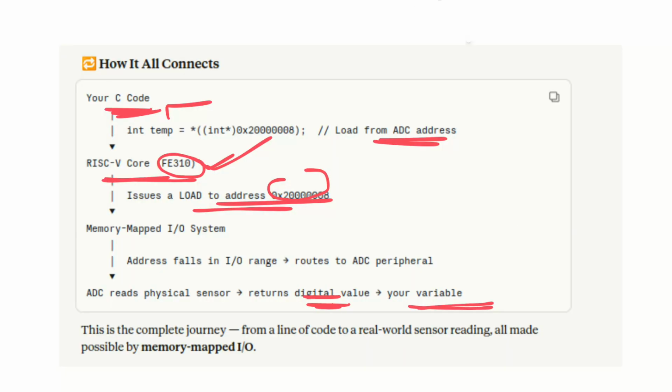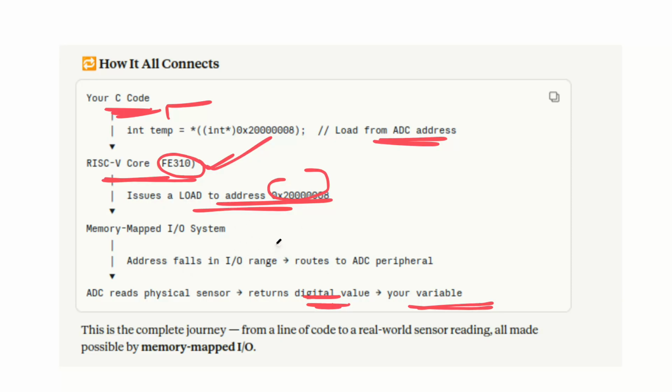That is, you have your C code that loads from this address. First, the RISC-V core issues a load to this address. The memory mapped IO system will see if the address falls in the IO range.